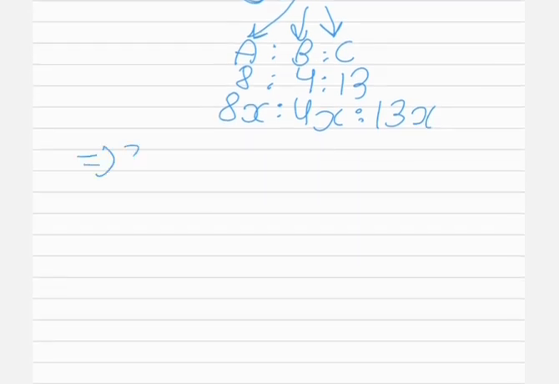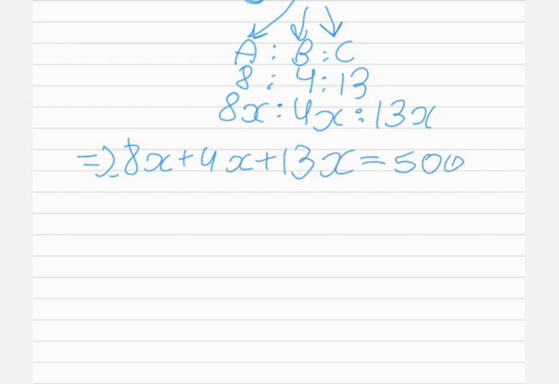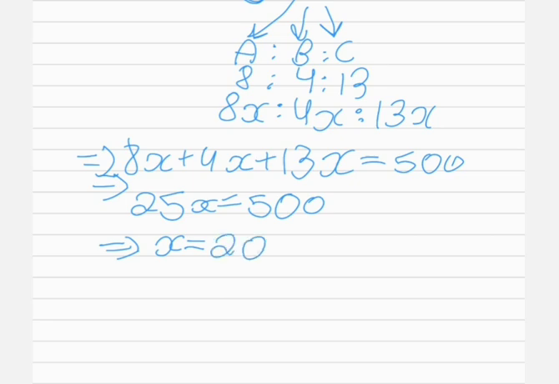So 8x plus 4x plus 13x is equal to 500. 25x is equal to 500. And you can find the value of x mentally also. x will equal 500 by 25, which is equal to 20.